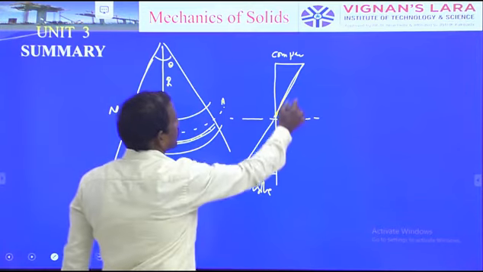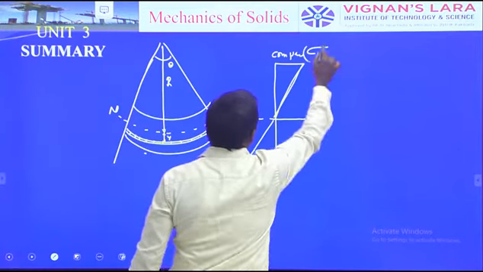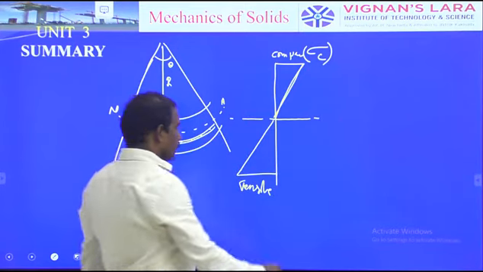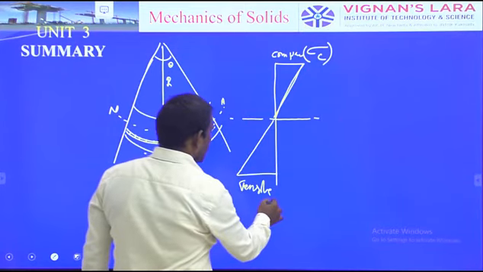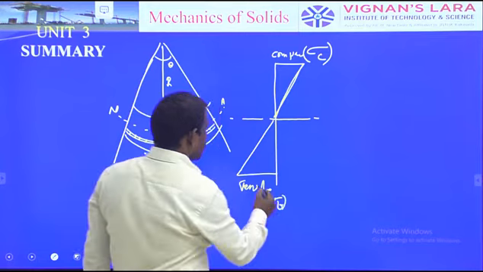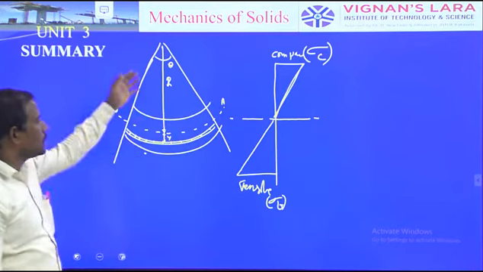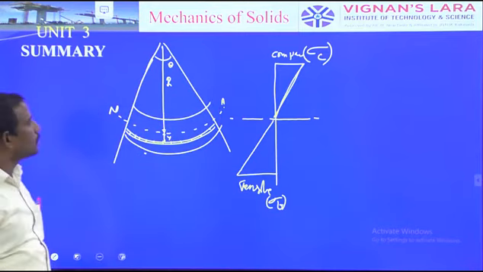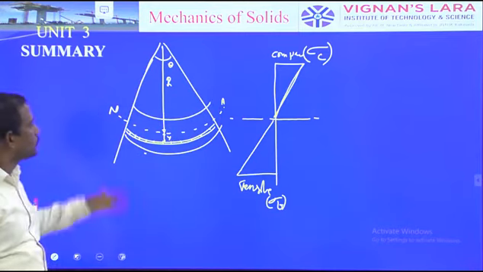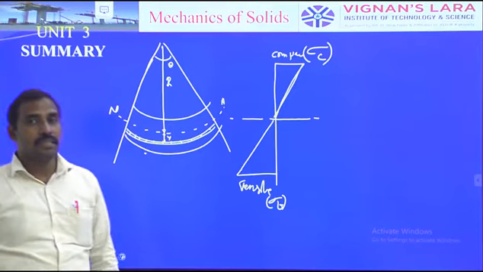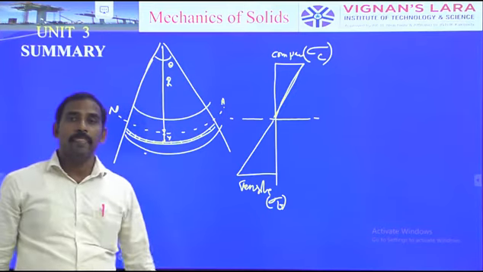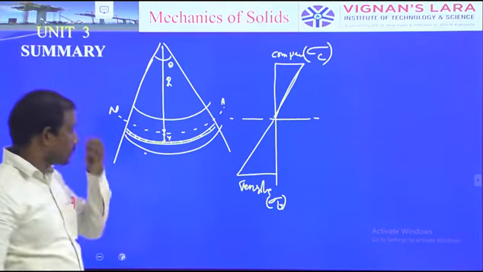The compressive stress is represented for our convenience as sigma c, and the tensile one as sigma t. So this is the way to represent the bending stresses, compressive and tensile in nature, subject to various types of loads.